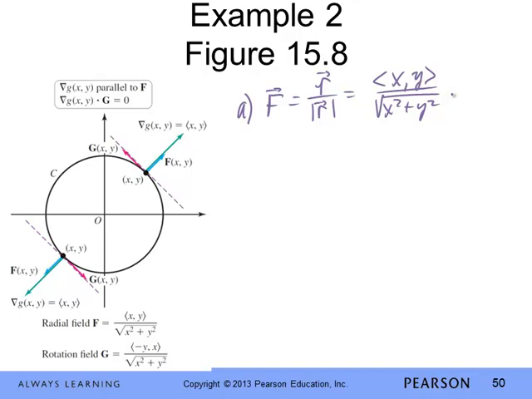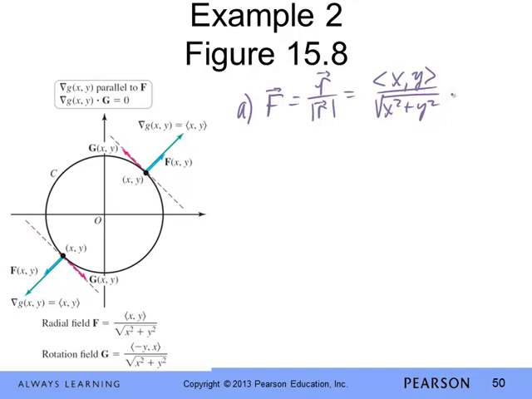Now, I got a question for you. What do you remember about the relationship between gradient vectors and contour lines? What's that relationship? Are they orthogonal or not? Right?